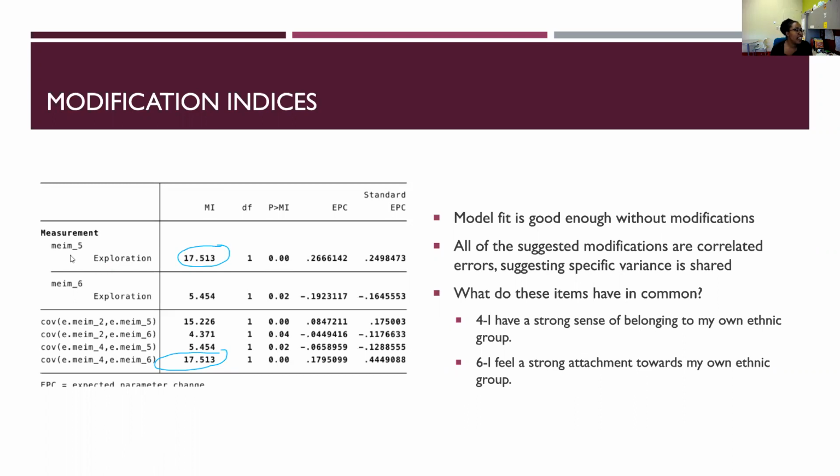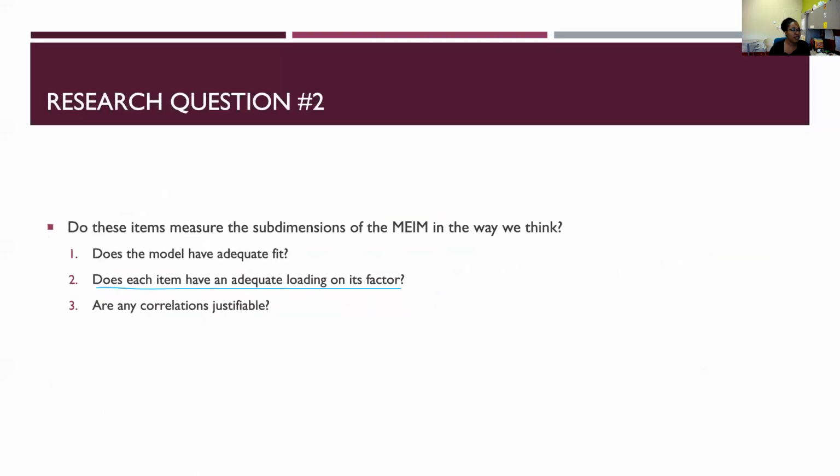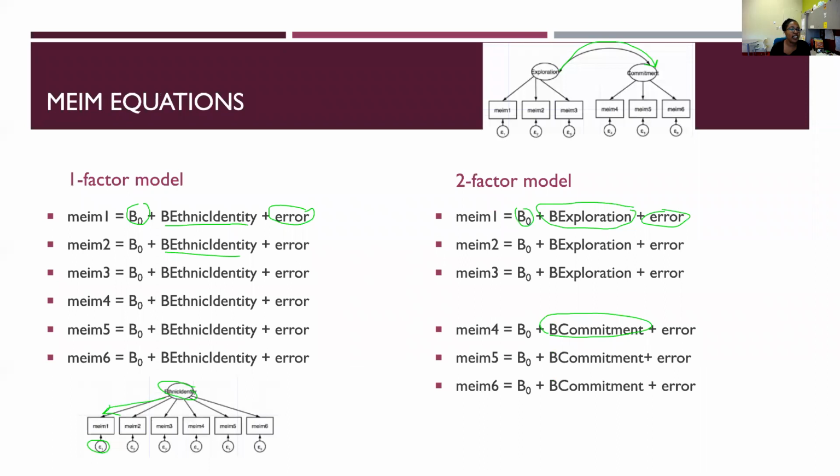The first one would be having mean 5 being predicted by exploration. Right now, mean 5 is a commitment item, and so this would be saying let's cross-load. That's the term, cross-load, mean 5 onto exploration.